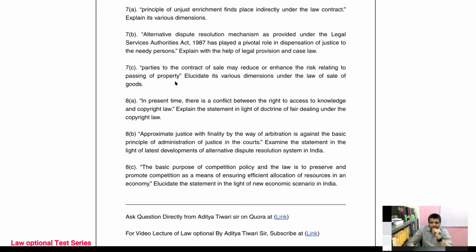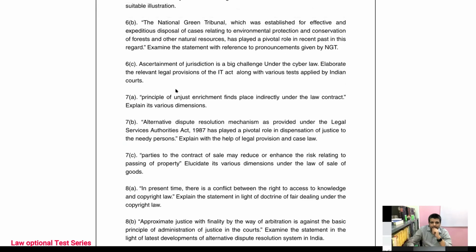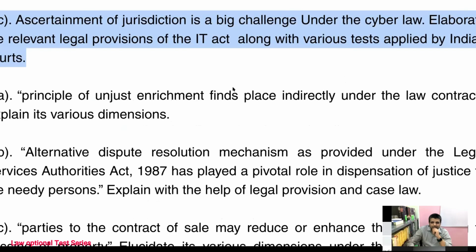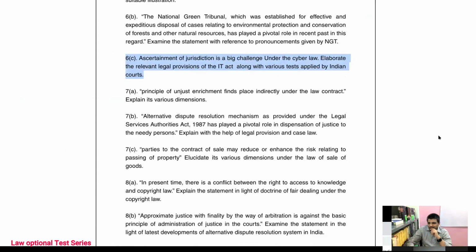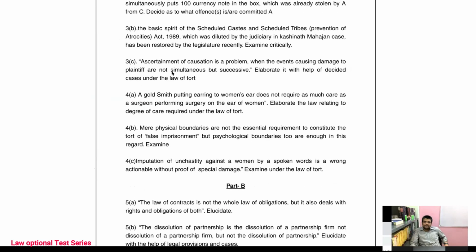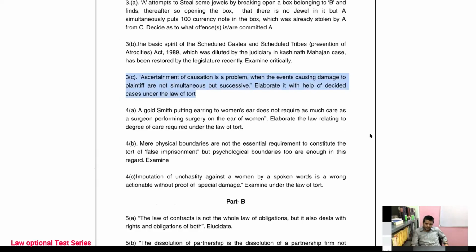Yes. Can you see this? Everyone? Yes. Question number 6C. Which topic do you think it belongs to? Yes. Tell me. Sorry. Okay. Open part A. Yes. This 3C. Which topic do you think it belongs to?